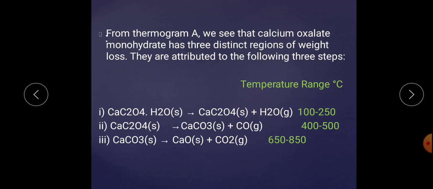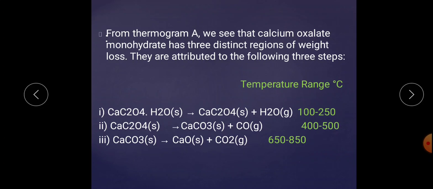And finally, the third weight loss is because of the conversion of calcium carbonate into quicklime, that is calcium oxide. So the reason behind the weight loss is a loss of CO2 in the gaseous phase. The temperature range is 650 to 850 degrees Celsius.